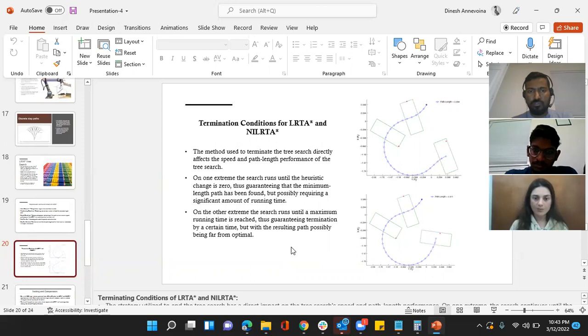Suppose we discussed in the previous slide about removing left turns or right turns, right? So here this will take care of that. If the path is not optimal, then terminate the path, so they can move on to another path. That way they'll find the optimal solution.